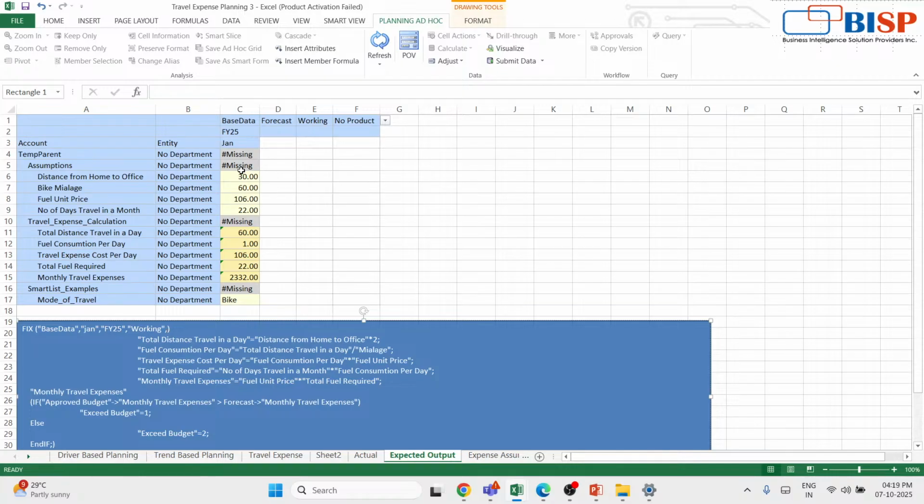And month, year, and version, and the scenario would be forecast. Firstly we will take the forecast scenario, and product would be no product. Working product would be no product here.